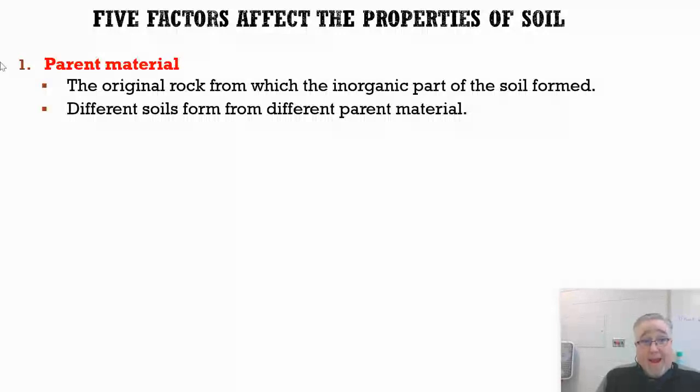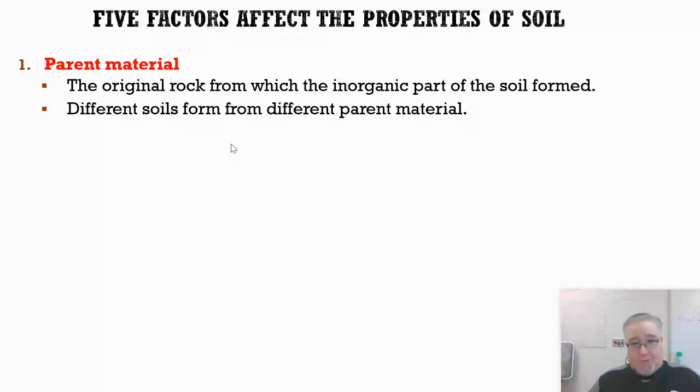Now, the properties of soil are affected by 5 different things. I'm just going to run through each one of these individually here, but there are 5 factors that affect soil. One of them is the rock. The rock is what we call the parent material. There's lots of different types of rocks, right?